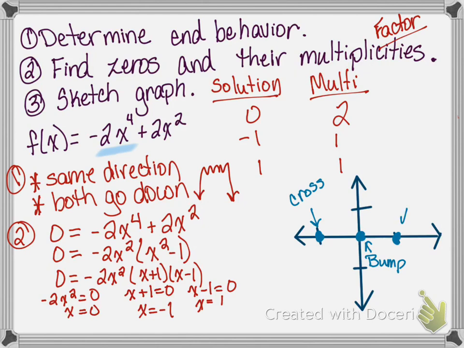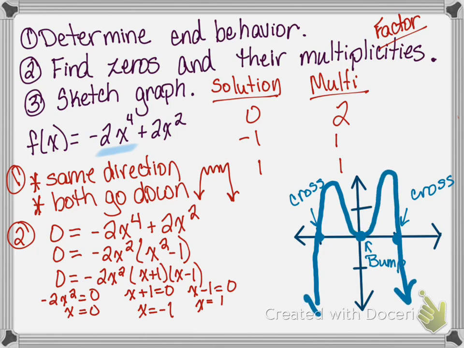What happens at positive 1? Cross. So this gives me all the information that I need. My end behavior is both going down, so I have to start going down. And then I cross. And then I bump. And then I cross.